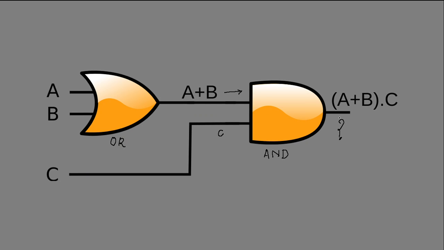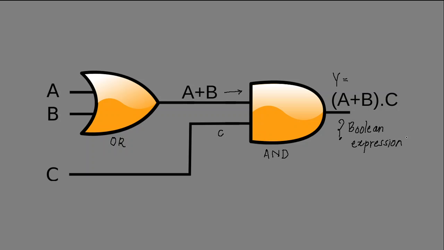The two inputs A plus B, which will be written inside a bracket, dot C is the output for this particular circuit diagram, and whatever you are getting here as the output, which is Y, is your Boolean expression. So this is how, with the help of a given circuit diagram, you get the Boolean expression.